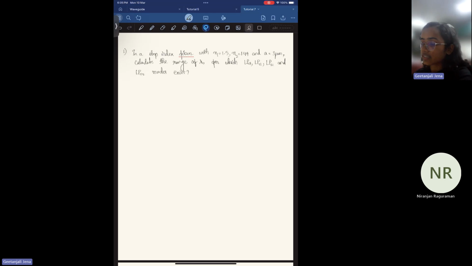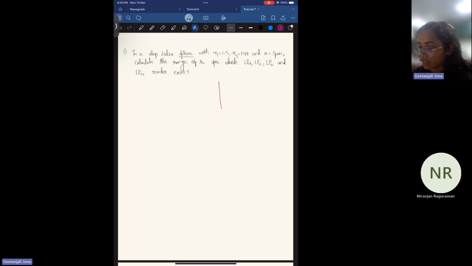Then it asks to calculate the range of lambda 0 for which LP01, LP11, LP21 and LP02 modes exist. If you recall, for an optical fiber, we have linearly polarized modes, which are indexed as LP LM modes. So let me draw the b-V curve.